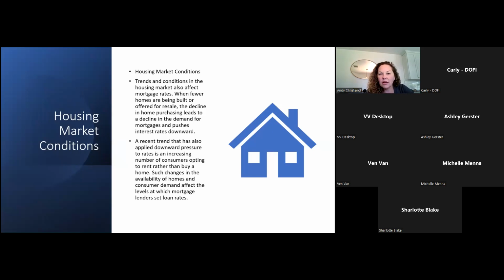Now, we're in a weird time because generally speaking, more inventory is where we might see higher interest rates. Things are a little bit skewed now because the inventory problem in the housing market is not solving itself.